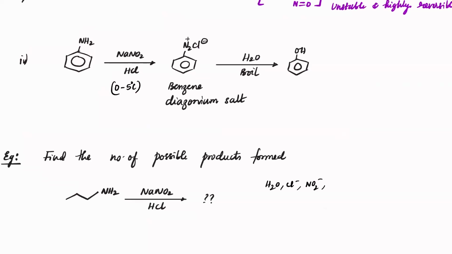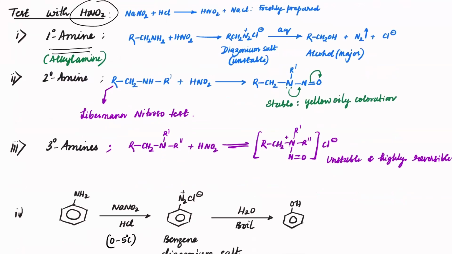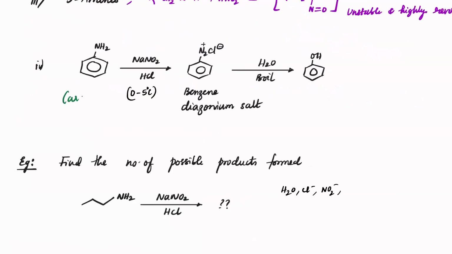And in case of aryl groups, I have to mention one thing: the first case, when I was writing here, is specifically meant for alkyl amines only. But here I'm writing it for aryl amines.